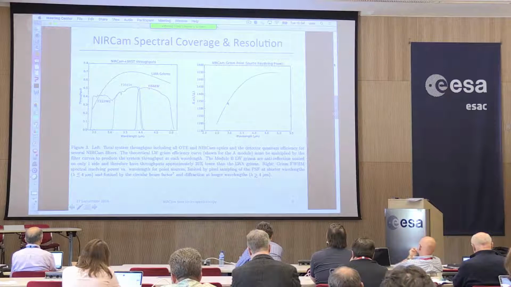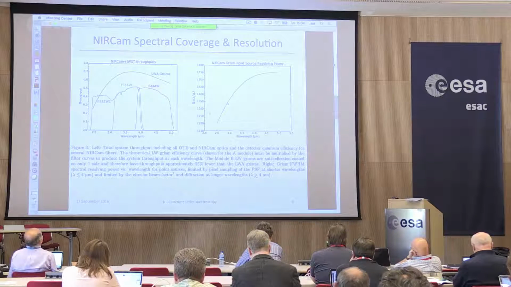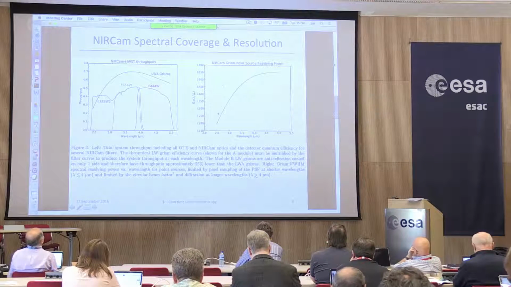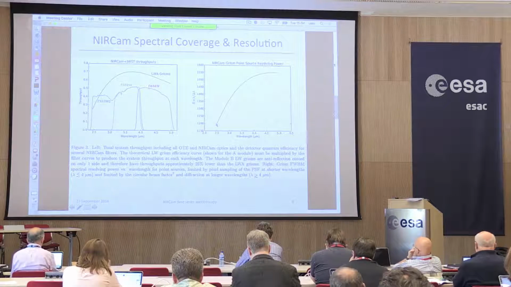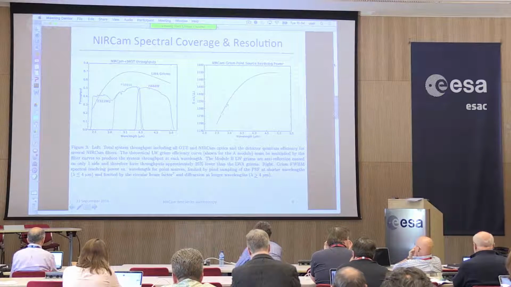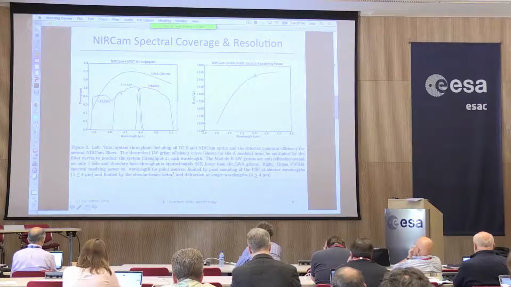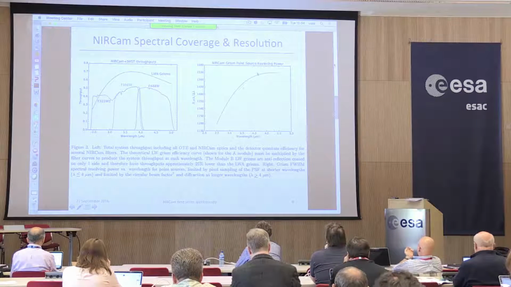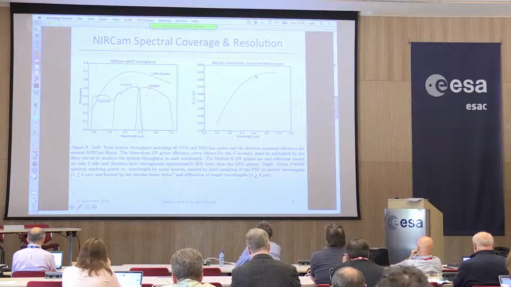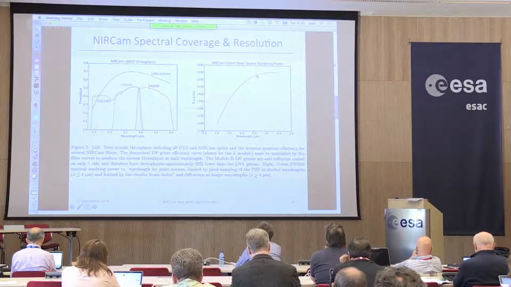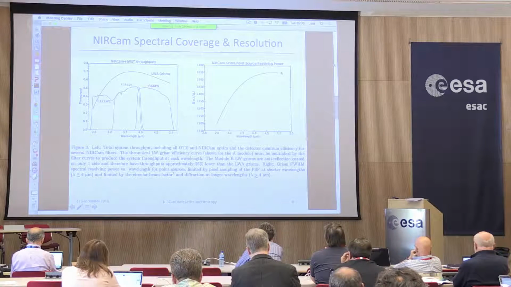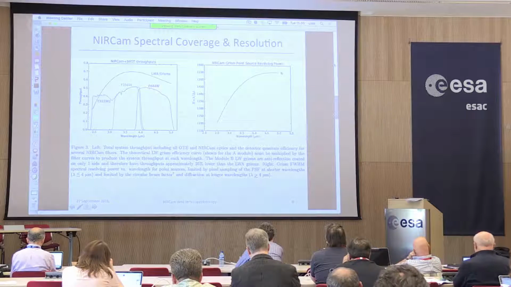Everything is slitless, so the size of the PSF largely determines the spectral resolution at each wavelength. Here at the shorter wavelengths, it's undersampled until you get to about 4 microns. That's the 2-pixel Nyquist sampling wavelength. From here, it starts to level off because it becomes diffraction limited.